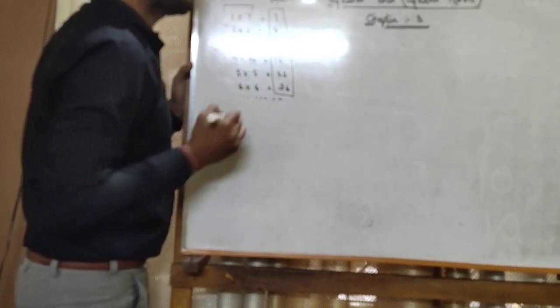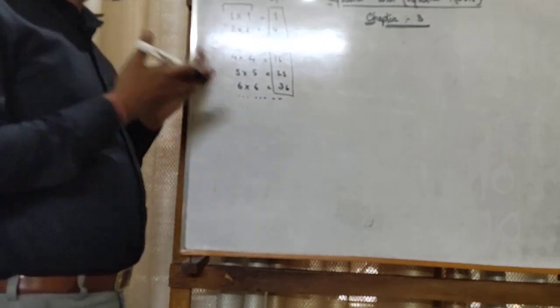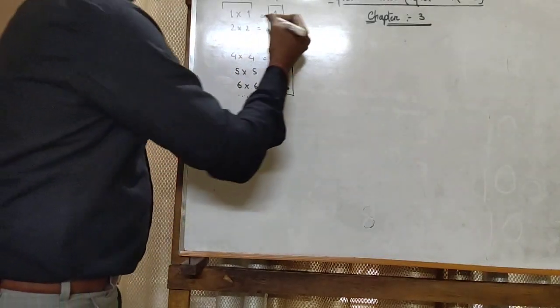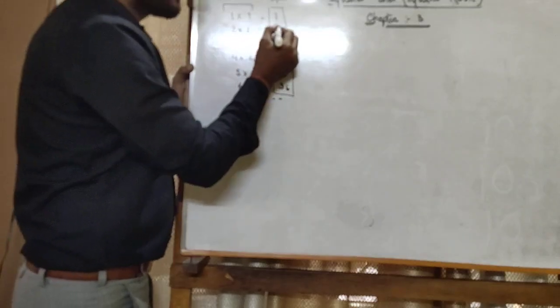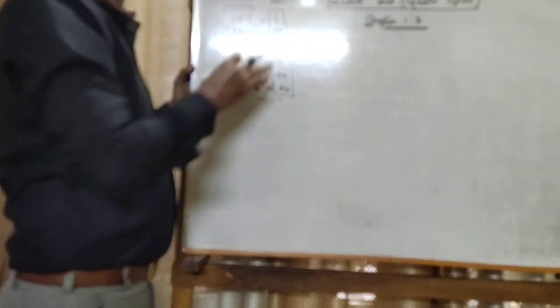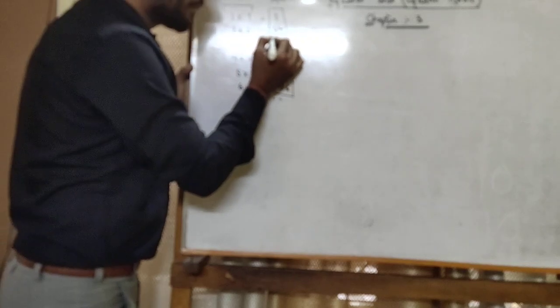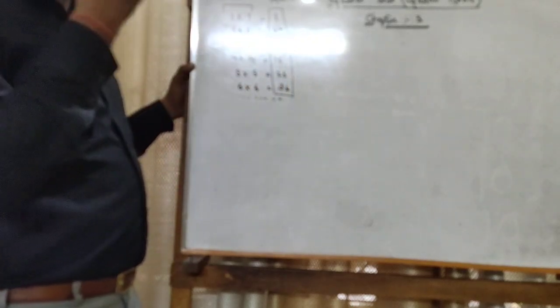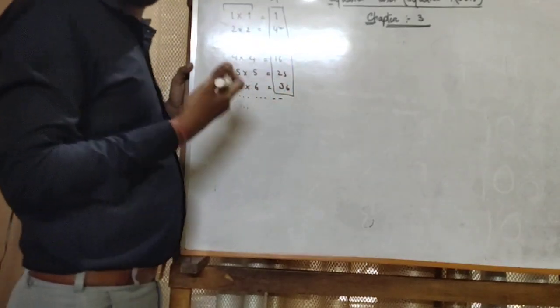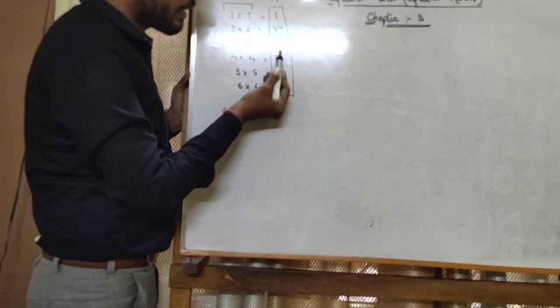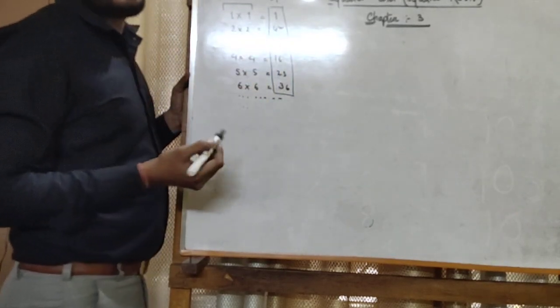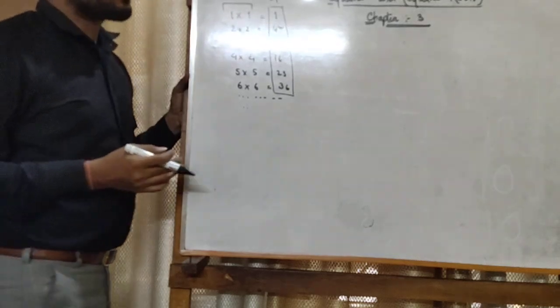So for square root you can think like this: which number multiplied by itself gives you 4? That number is the square root of 4. What number multiplied by itself gives you 9 is the square root of 9. Similarly, what number multiplied by itself gives you 16 is the square root of 16, and so on.